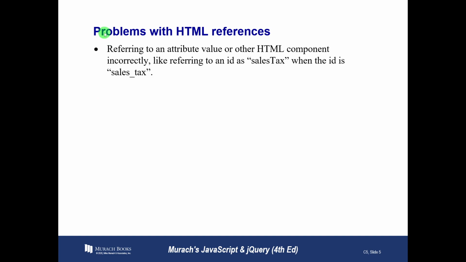Other times it's problems with HTML references, referring to an attribute. So we're looking for a div with an ID of sales_tax on it, and we type salesTax with camel case instead of snake case, sales_tax. When we're looking for that ID, that's a big error. We want to be careful with those HTML references. Some of those don't get caught quite as easily as other things do.